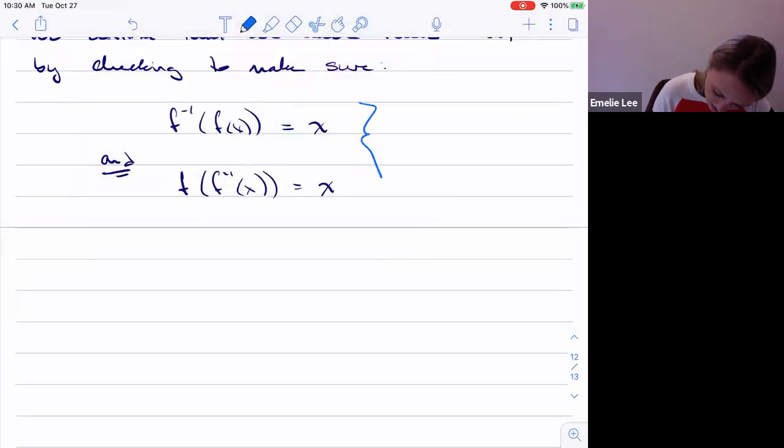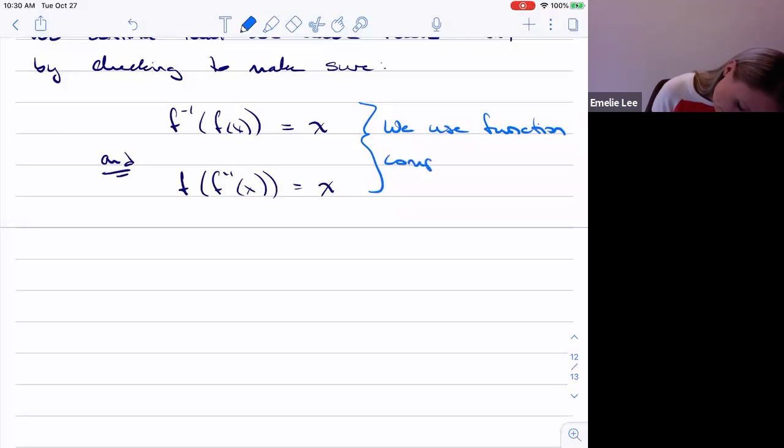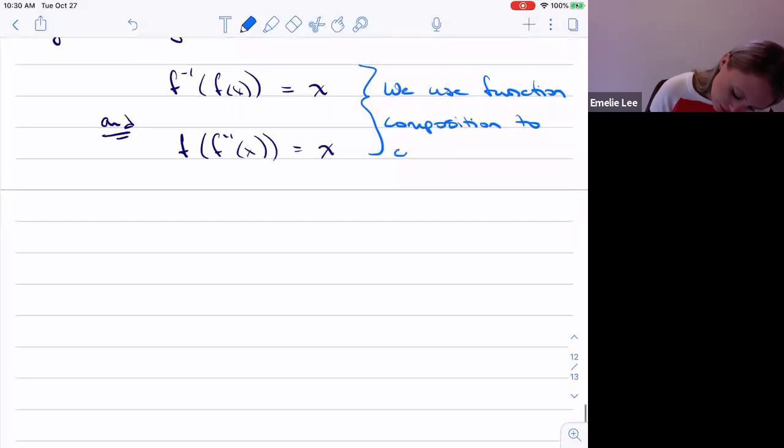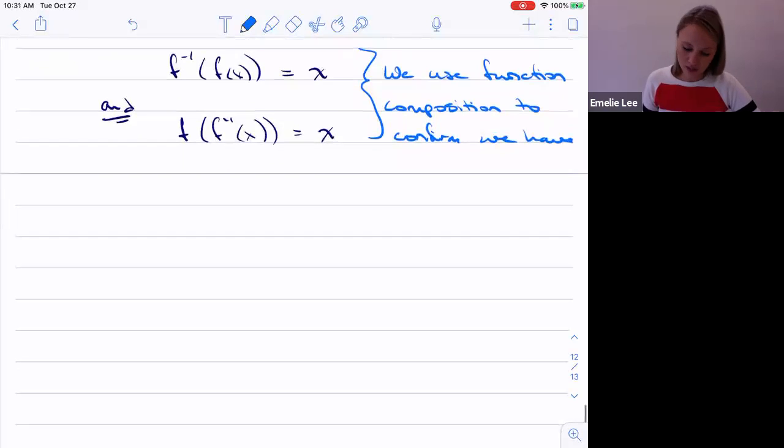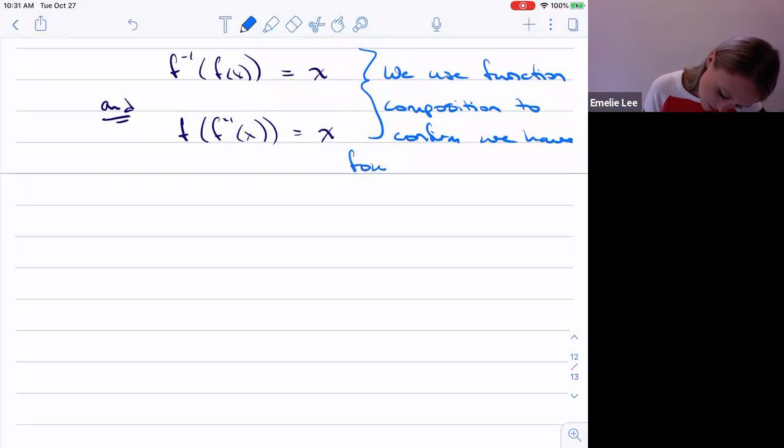So what this is saying is that we use function composition to confirm we have found the inverse.